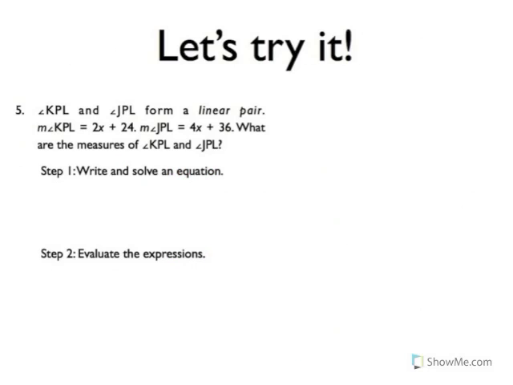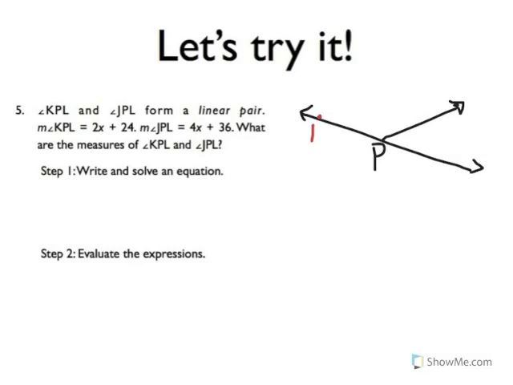Now let's apply some algebra to everything that we have been learning. Here we're told that angle KPL and JPL form a linear pair. So I'm going to quickly draw a linear pair here. And obviously, both of them have point P, so that must be a common vertex.